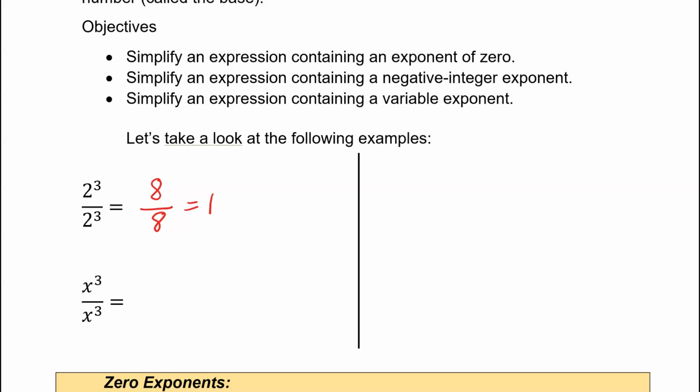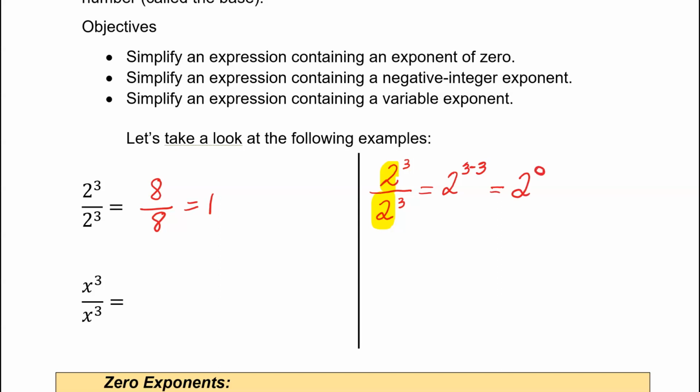But I want you to look at it in another way because you know the rules of exponents now. You can see that we have the same base. What is our base here? It is 2. Since we're dividing and we have the same base, we can use our rules for exponents, which is we can subtract the exponents. 3 minus 3 is 0.